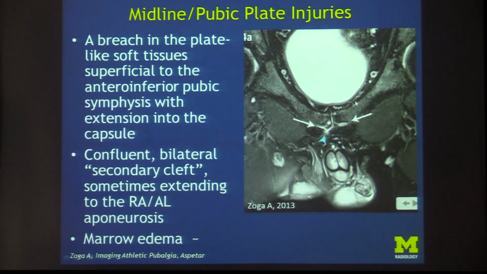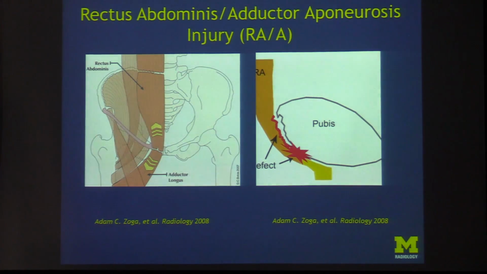It's a breach, it's a tear involving the anterior capsule, which oftentimes extends and forms that secondary cleft, which could be bilateral and it could be asymmetric or symmetric, extending to the surrounding tendons and aponeurosis. There may or may not be accompanying marrow edema. Now there is controversy regarding the best treatment for this type of injury. It is complex.